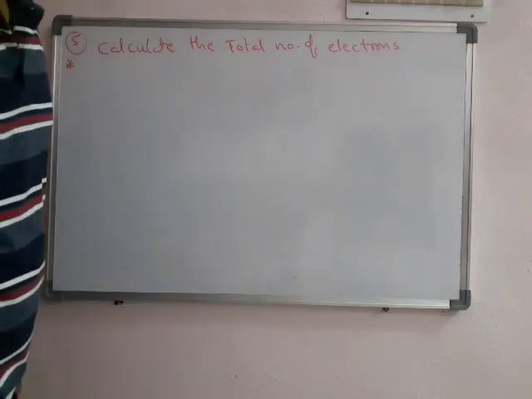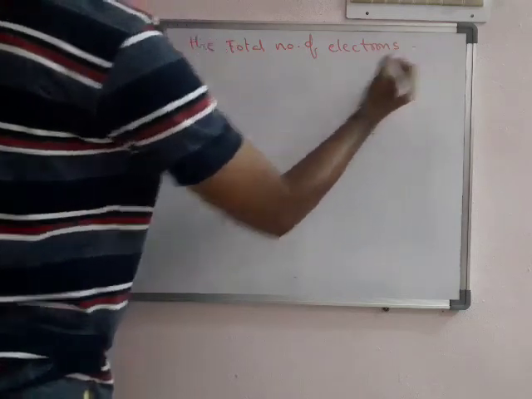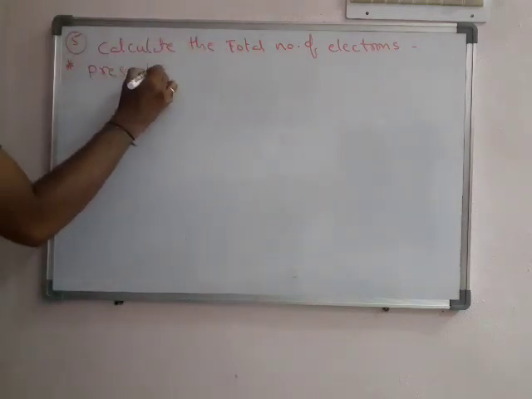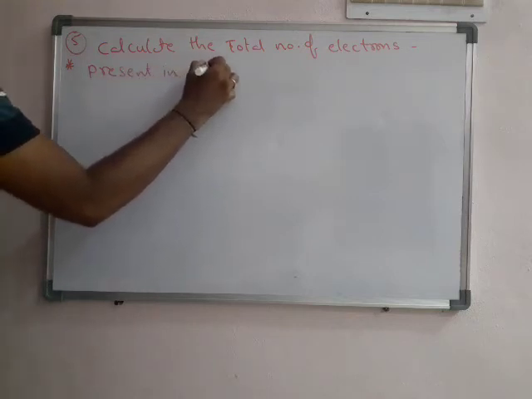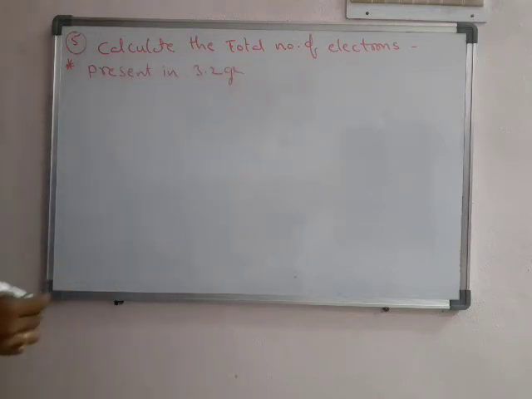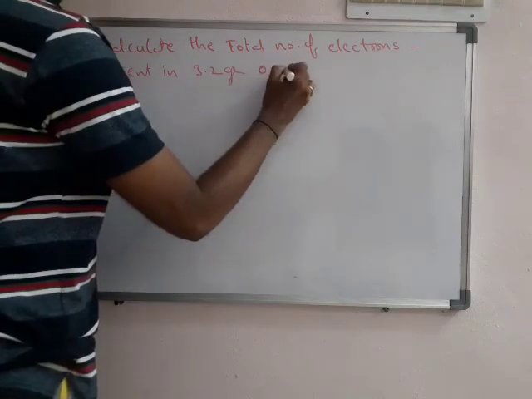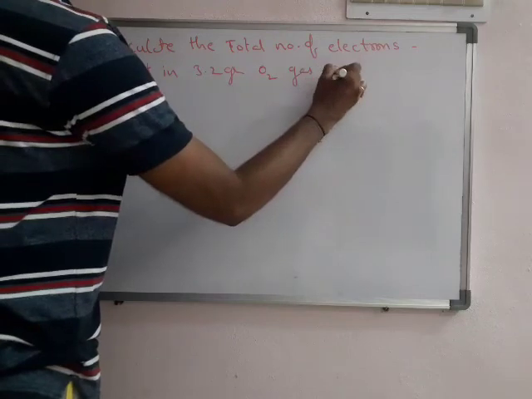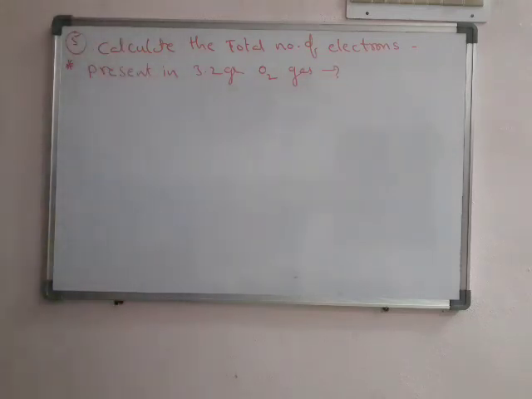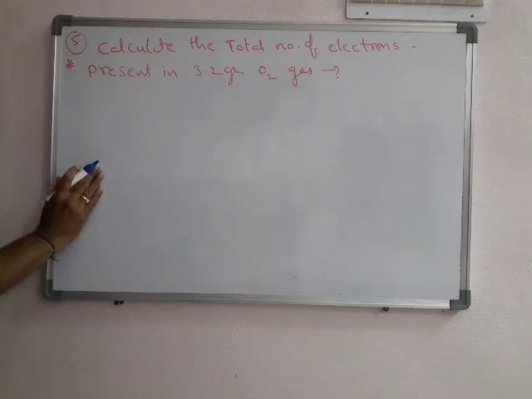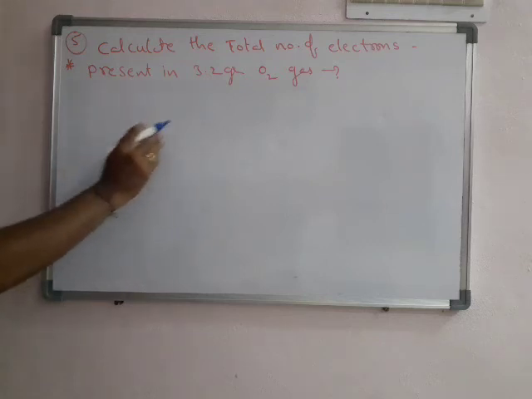Calculate the total number of electrons present in 3.2 grams of oxygen gas. A number of electrons, a totally new model for us in this chapter. Calculate the total number of electrons present in 3.2 grams of oxygen.